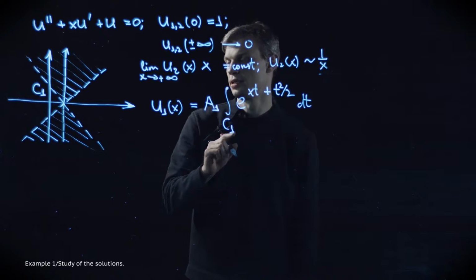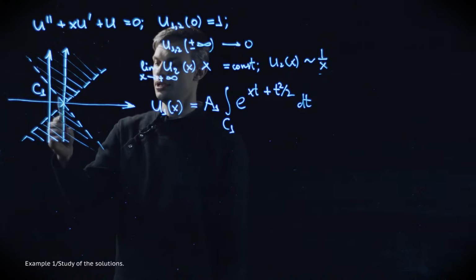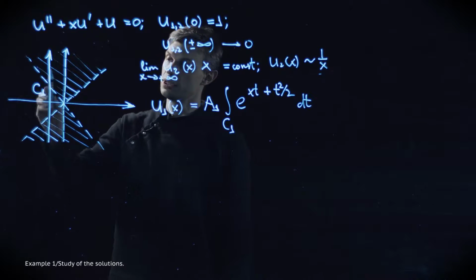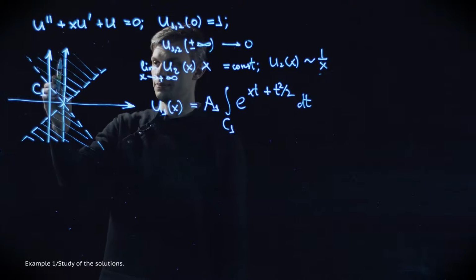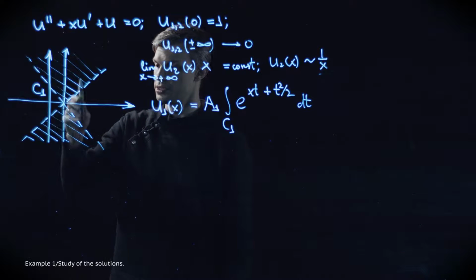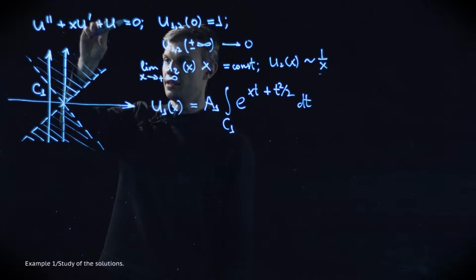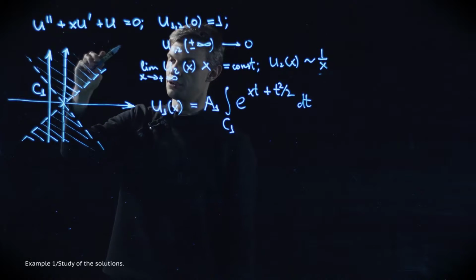Before we do so, we noted that the most crucial peculiarity of this contour is that it can move freely in the complex plane. The only significant condition imposed on this contour is that its endpoints lie in the allowed regions of this complex plane, right?